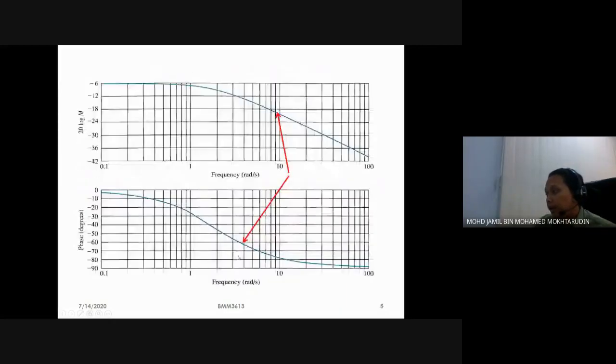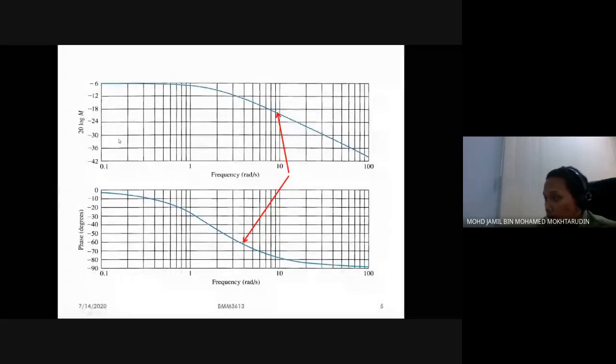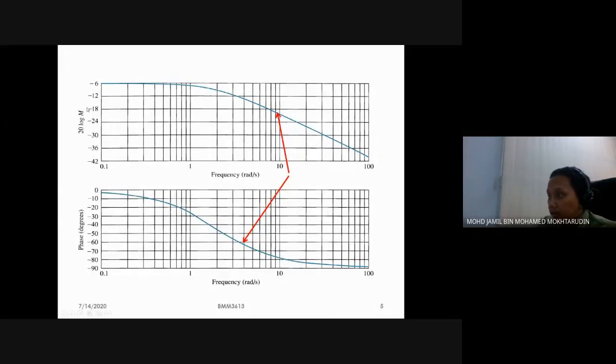Okay, so this is an example of a Bode plot for a transfer function. The top one is the magnitude Bode plot, in terms of 20 log, and the bottom one is phase or angle in degrees. If you look at the graph, the lines are not the same as your usual graph, kertas graph yang biasa, because the distance is different as the frequency on the x-axis increases.